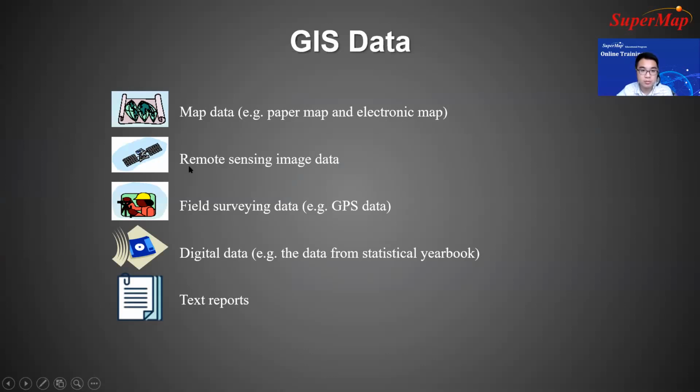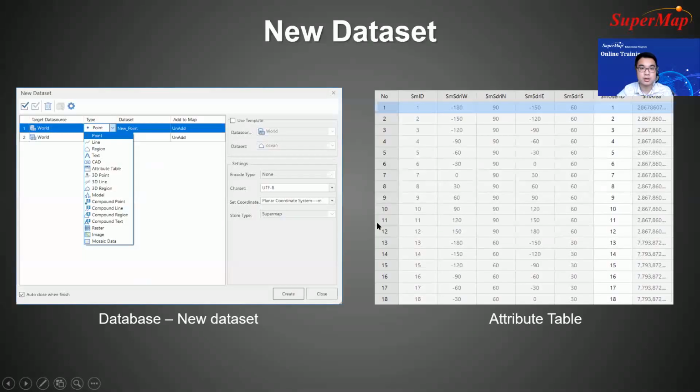We can also get data from remote sensing, from satellites, and we can do field surveying, using the GPS sensor to collect the data. And also we can have some digital data or some text reports. So for the different resources of GIS data, we provide different types of data sets to express this kind of database data set.